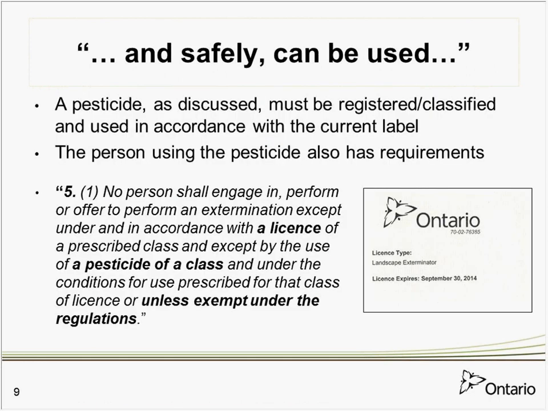And then the next part of that statement is, and safely can be used. So who uses it? A pesticide, as discussed already, must be registered and classified and used according to the label. But using the pesticide also has some requirements.